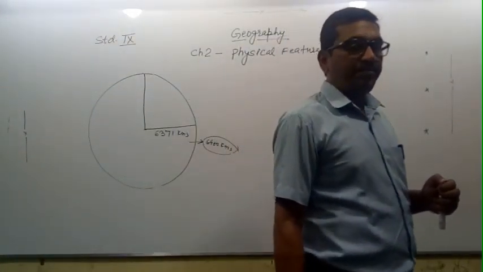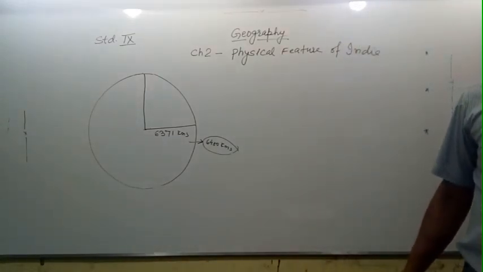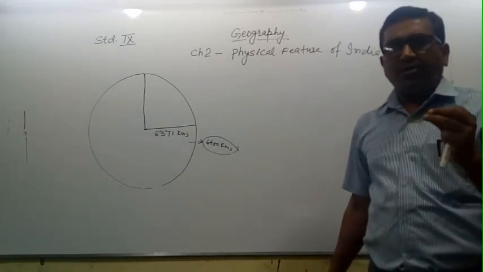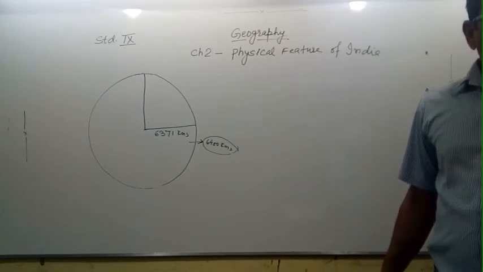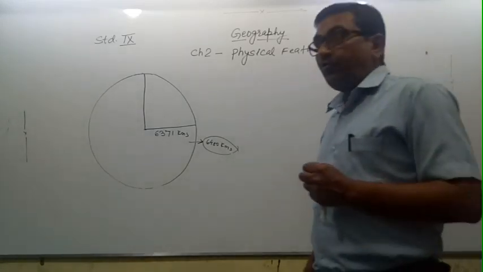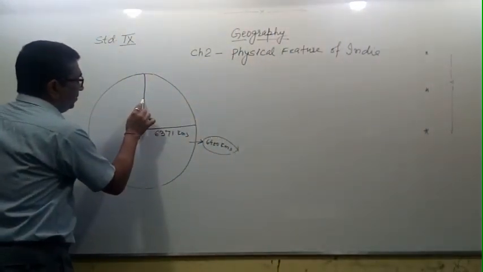The radius is 6,371 kilometers. The inner part is a little bit more than 54%, around 55 maybe. It is the interior structure. It is 3,486 kilometers if we draw a diagram over here.